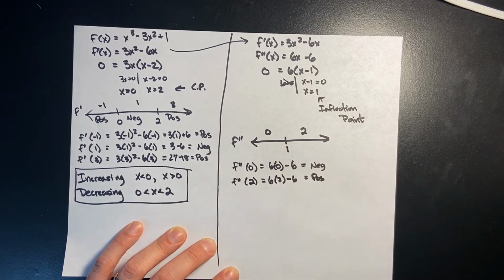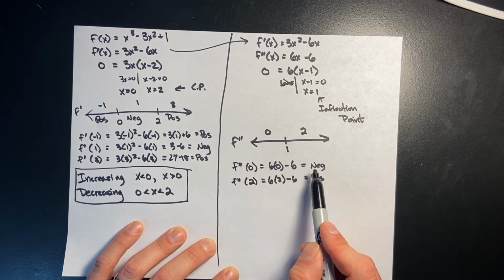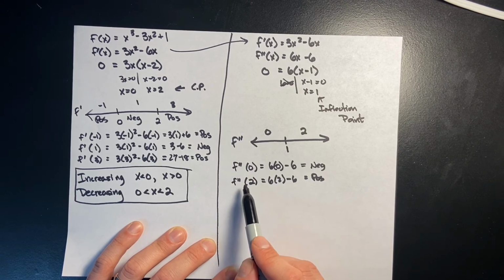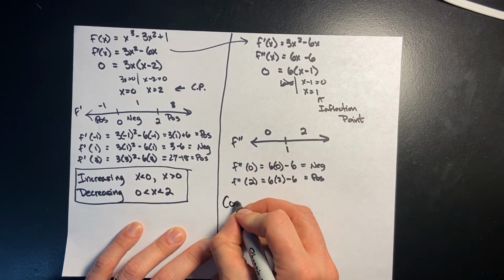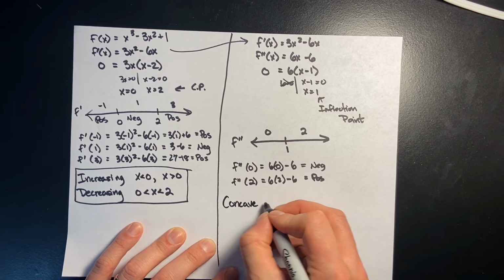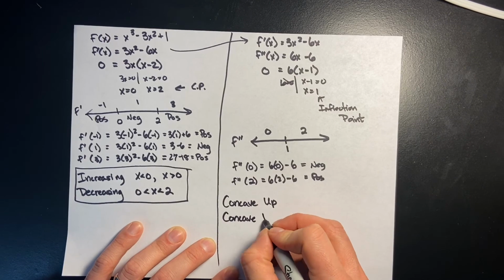That gives me positive. Now, when the second derivative is negative, that means it's concave down. When my second derivative is positive, that means it's concave up. So I have concave up. I have concave down.